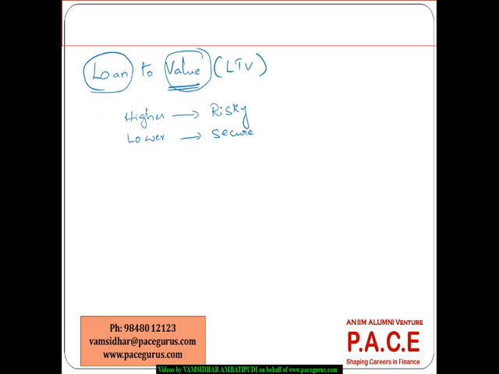So the lower the ratio, from a borrower's perspective also, his stake is much higher, so there are very few chances that he will default. And from the other perspective, if the LTV ratio is low, it means the value of the property is very high compared to the loan taken. So even if this value falls drastically, it will still be sufficient to recover the loan.